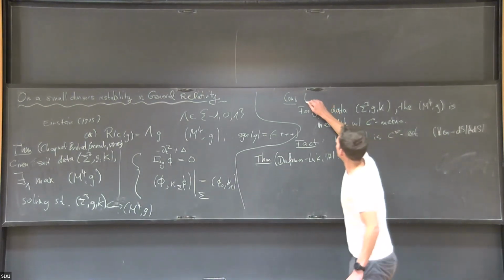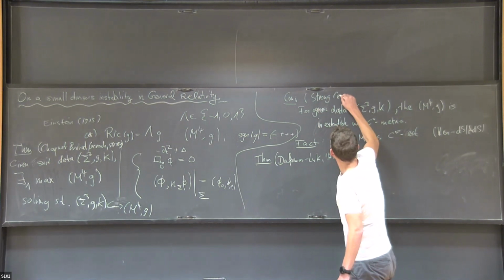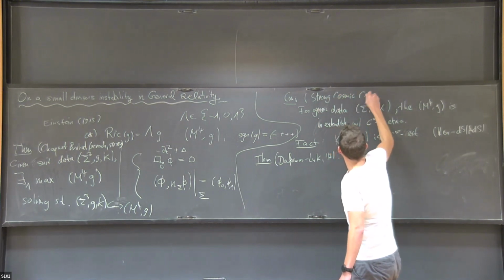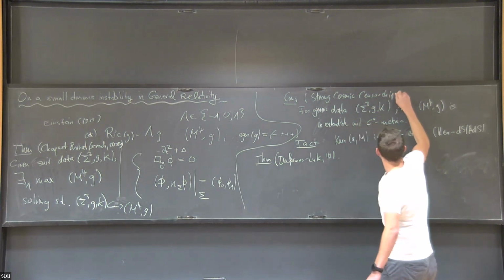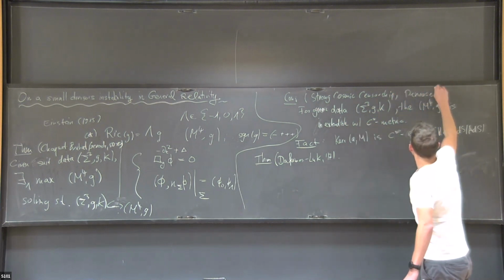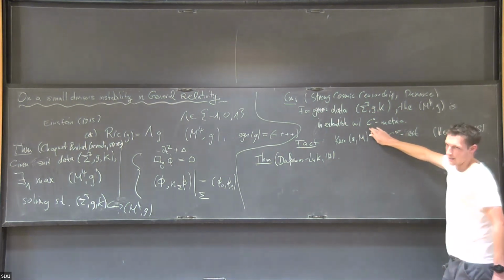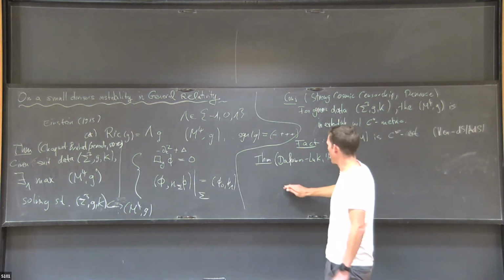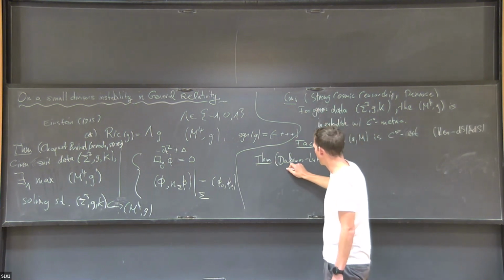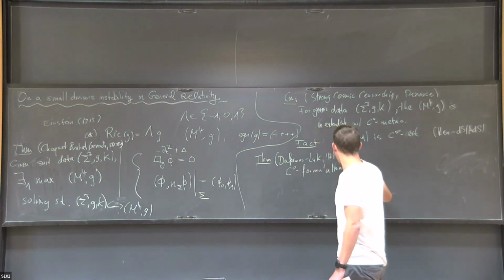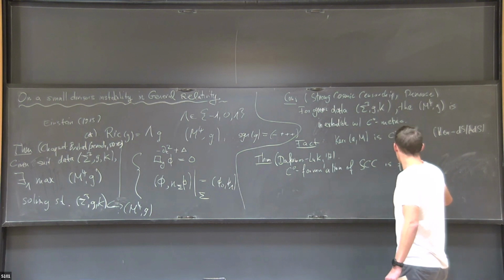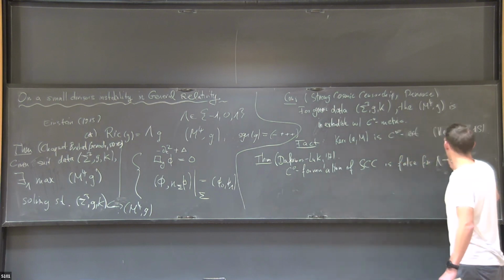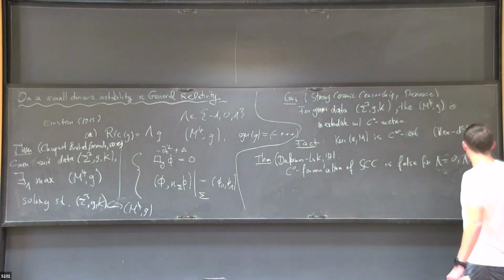I would have to say that this is the so-called strong cosmic censorship conjecture, and this goes back to Penrose. Here, this regularity class, one can debate what you actually meant initially. Maybe it's not C0, but C0 is the one you would like to be true. But actually, as I already mentioned, that conjecture is false. So I say the C0 formulation is false for lambda equal to 0 and lambda greater than 0.